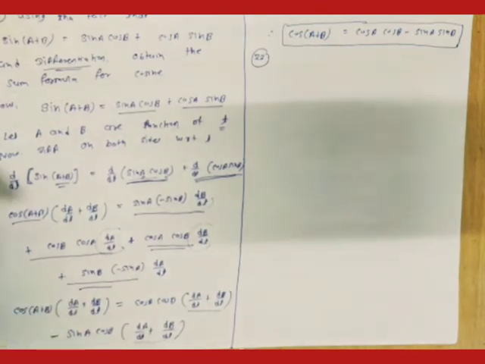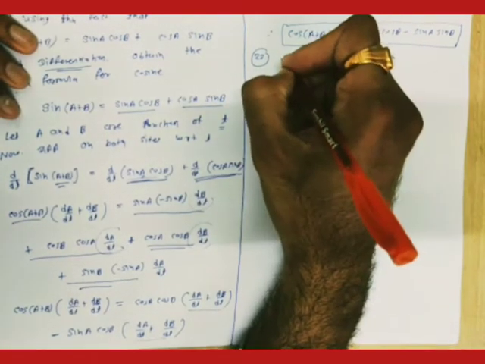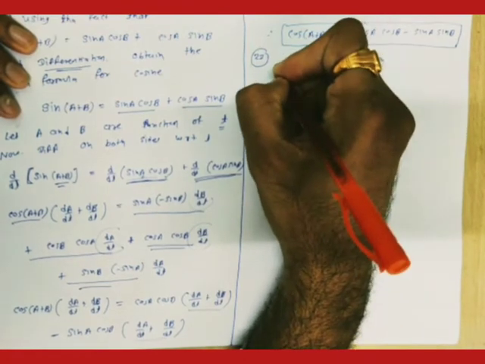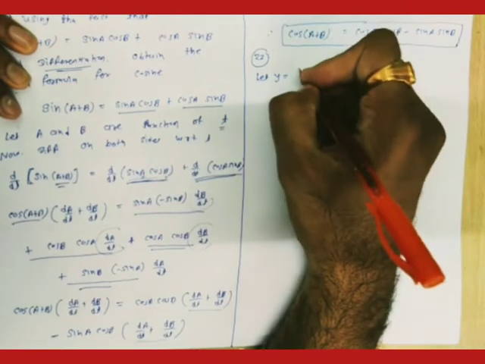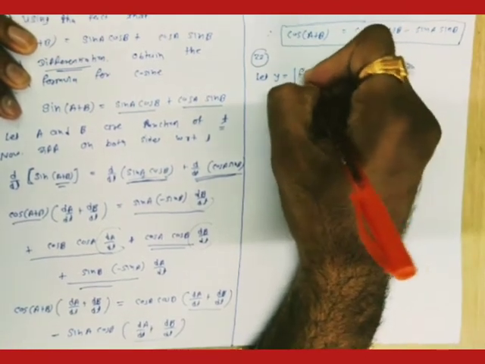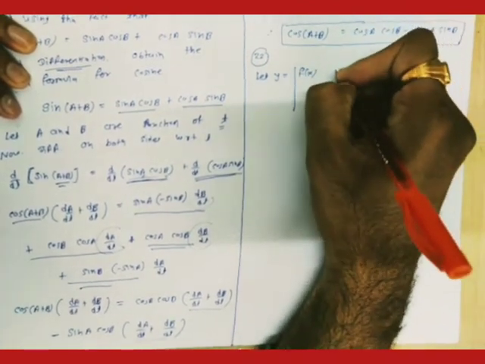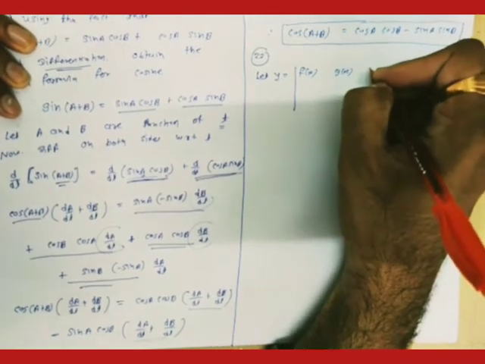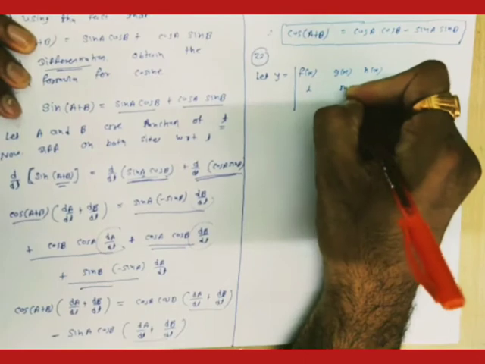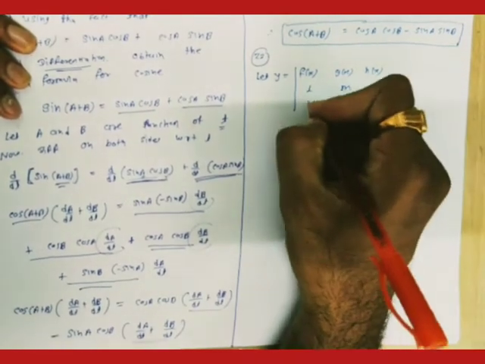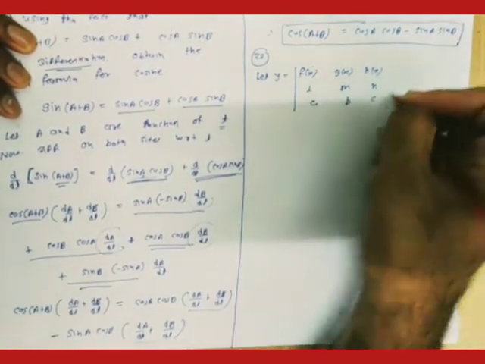So it's very easy. Here we are given one determinant, say y, and the value of the determinant is f of x, g of x, h of x, l, m, n, a, b, and c.